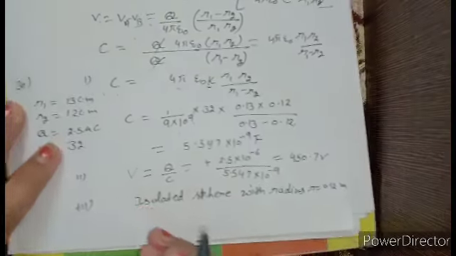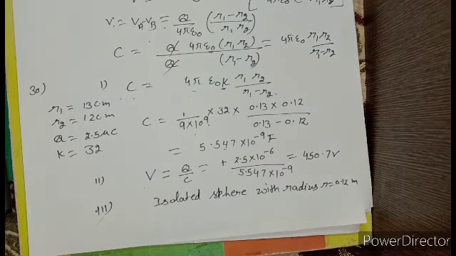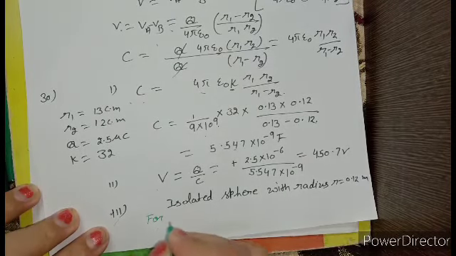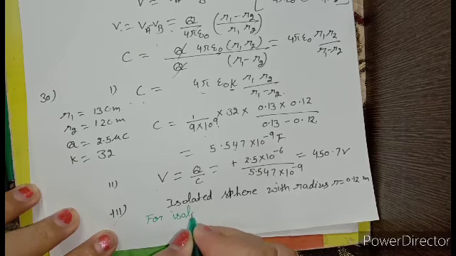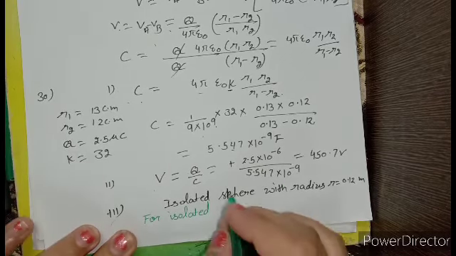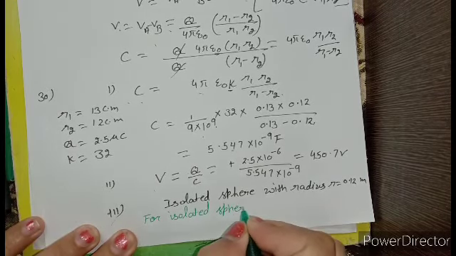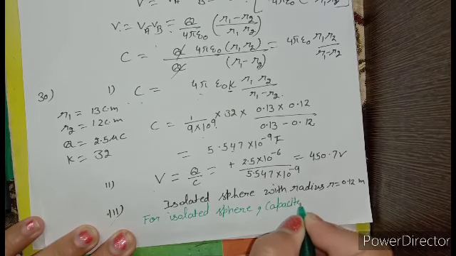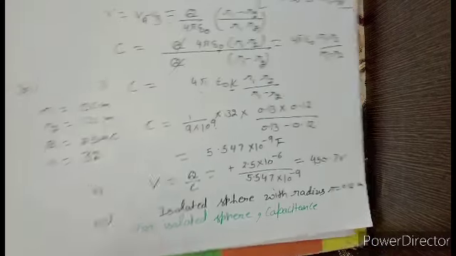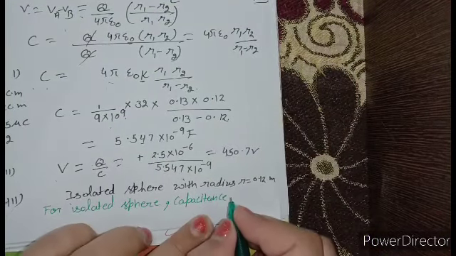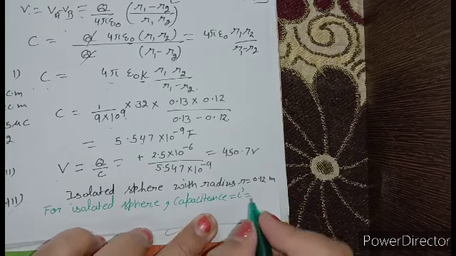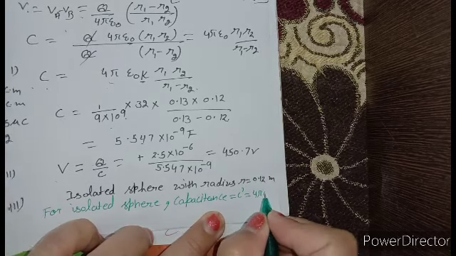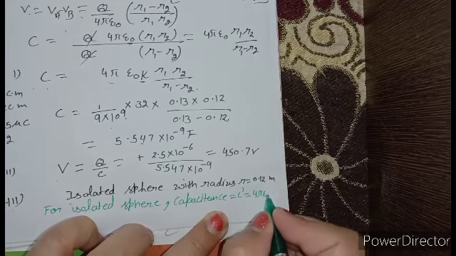This value is given, and we know that for the isolated sphere, capacitance equal to, we consider here this will be equal to C dash, and value of this equal to, we know that in theory part we have found out, 4 pi epsilon naught r.